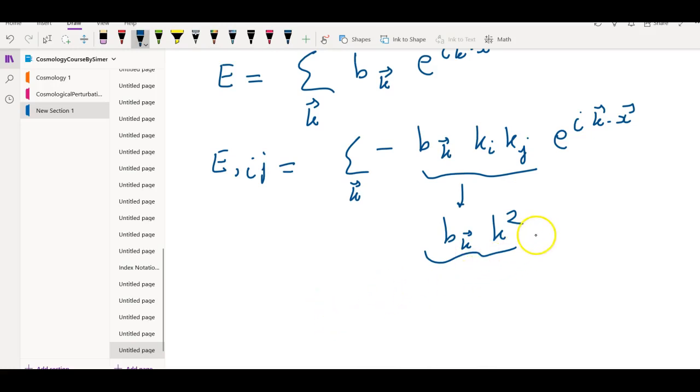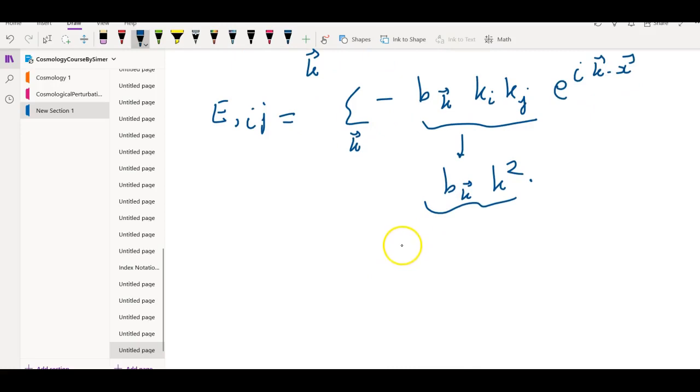So I want this term to have the dimension of Eij.